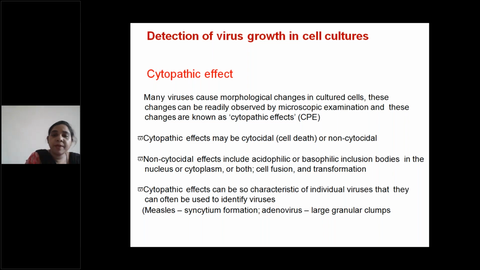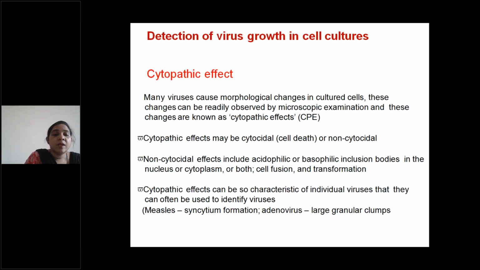Now what happens is we are using cell lines, right? When a virus grows in the cells, the cell structure changes. That is called cytopathic effect. The cytopathic effect may be cytocidal or non-cytocidal, meaning when there is a change, the cell may die or may not die.